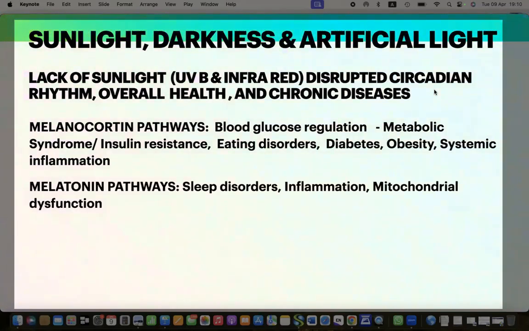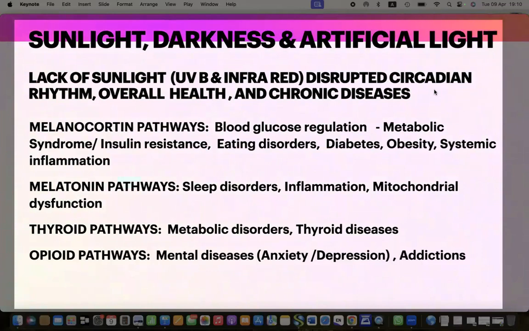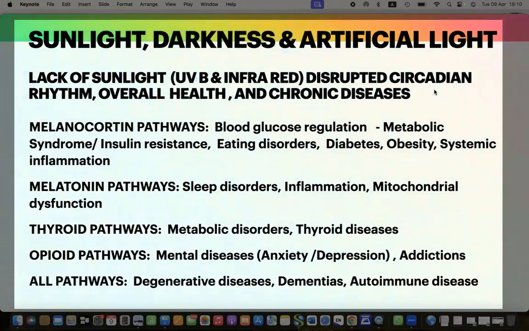The melatonin pathways, sleep disorders, also inflammation, mitochondrial problems. The thyroid pathways, very much metabolic thyroid disease. And opioid pathways, very interesting, mental diseases and addictions. So you can see how serious and important it is to have sun exposure. And all pathways, degenerative disease, some idea of dementias, autoimmune diseases as well.